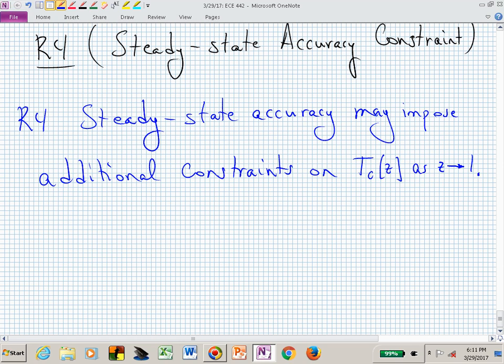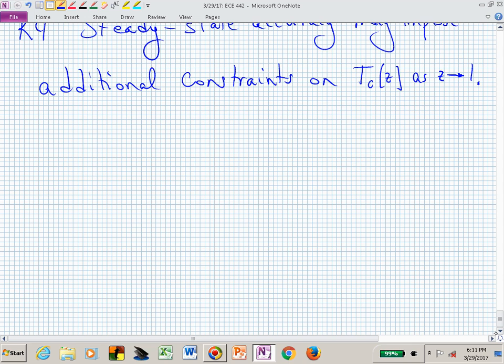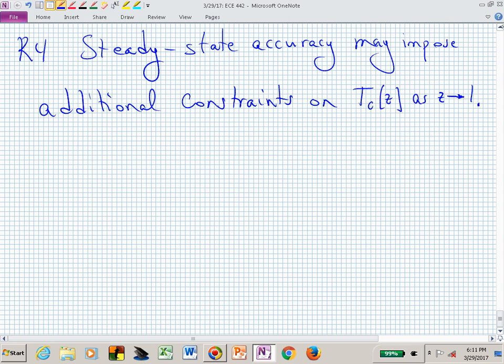And if Z goes to 1, that's in the steady state, isn't it? That's at DC. That's where we might have reasons for imposing restriction 4.